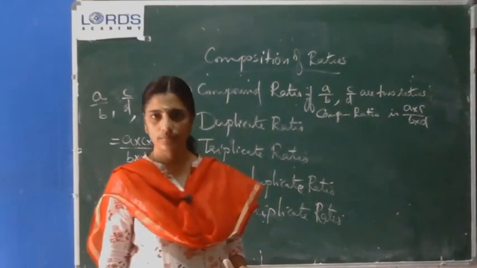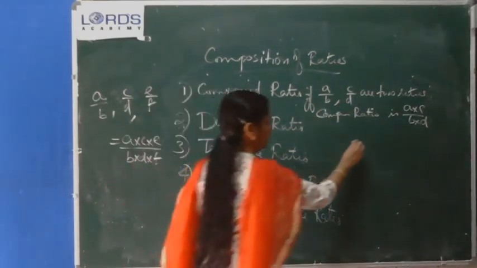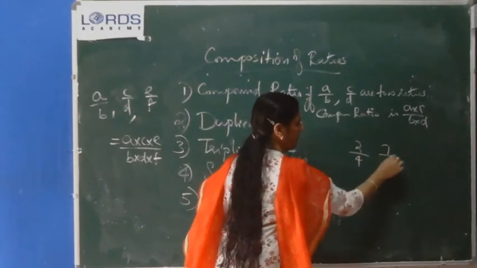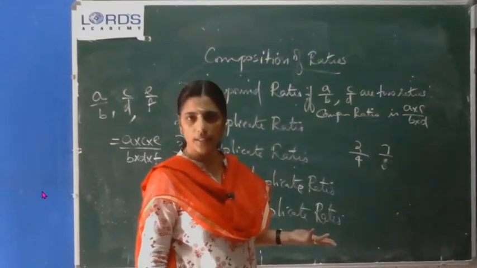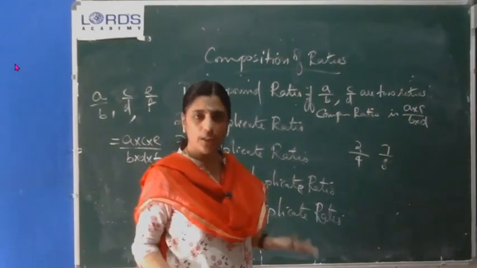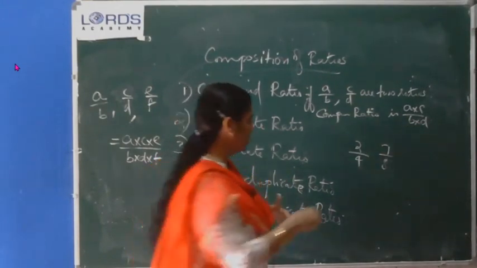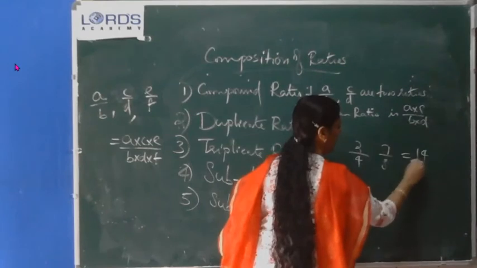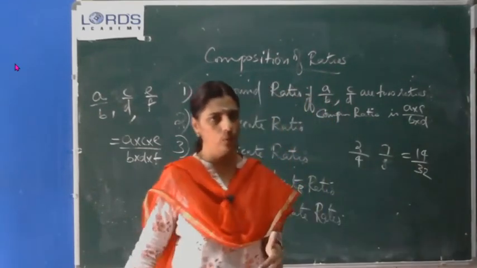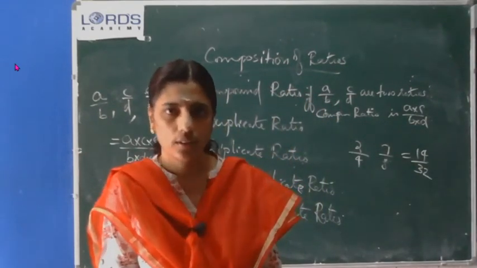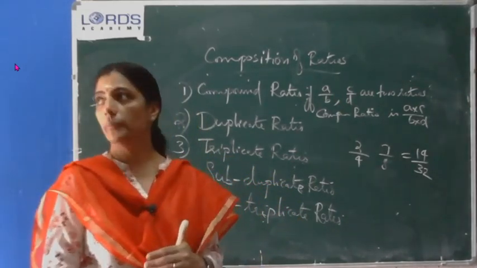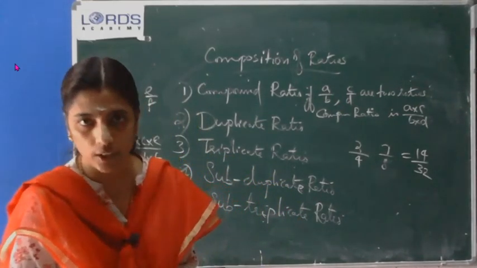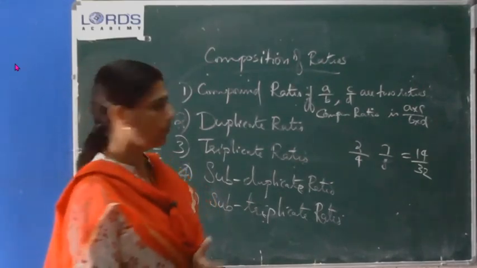Got it now? Okay. Then 2 by 4 and 7 by 8. It's not compulsory that they should be equal. If two ratios are like that, what is their compound ratio? 14 by 32. Got the idea now? That you can reduce. So compound ratio means if you multiply both numerators and multiply denominators, what you get is the compound ratio.